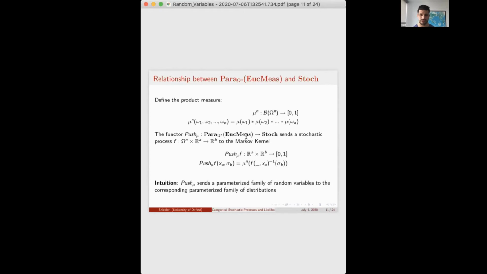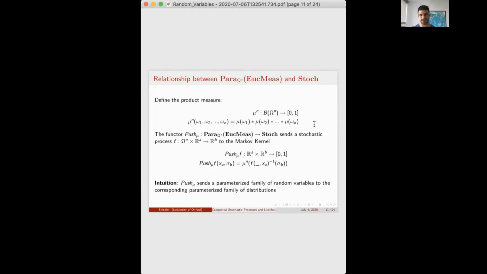Given a probability space, some topological space omega, our Borel sigma algebra, and a probability measure mu, we can form a product measure by applying this simple equation in order to build a probability space based on omega to the n.